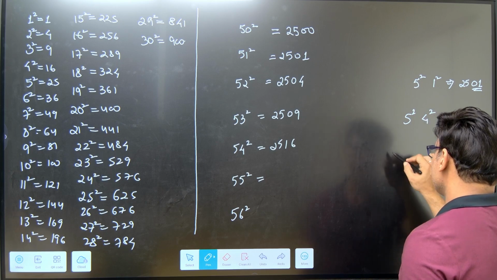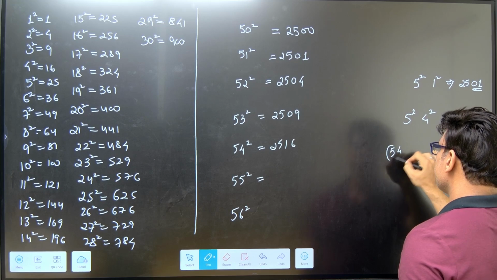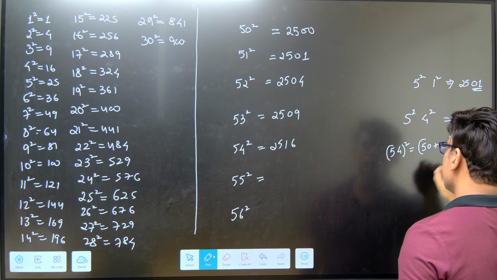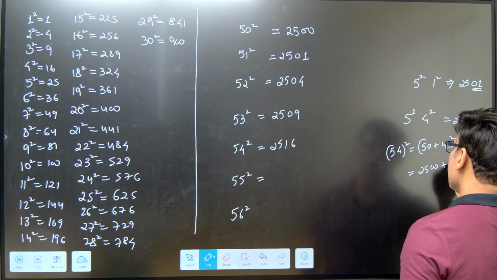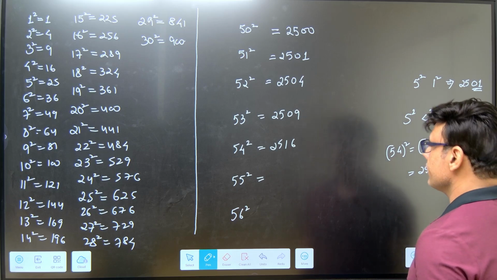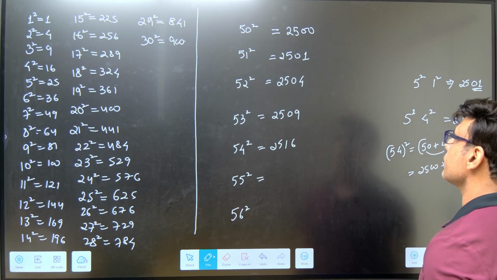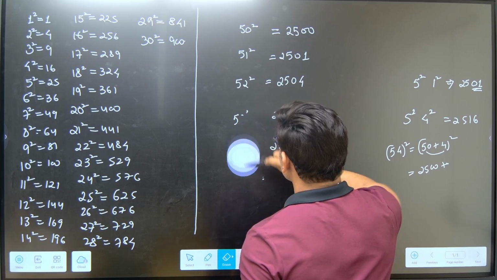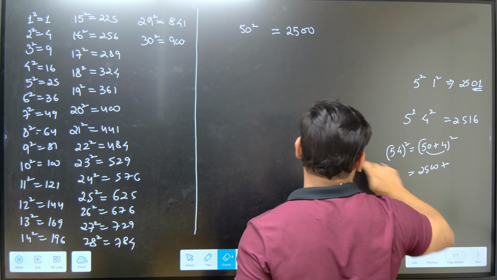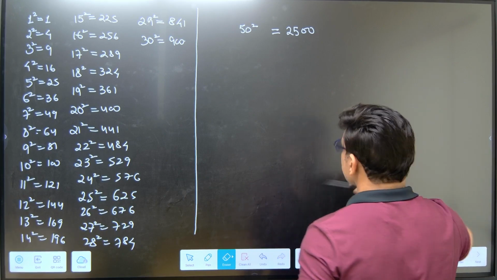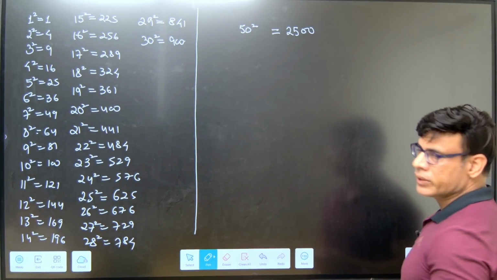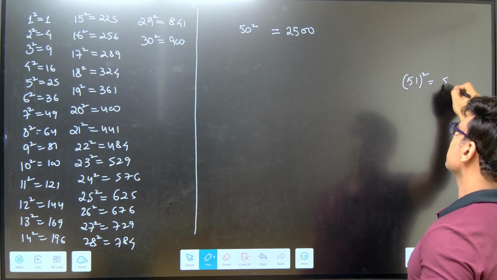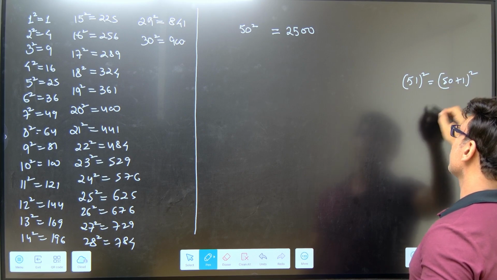Sorry, here we made a mistake, I'll explain this. 54 square is basically 50 plus 4, the whole square. 50 square is 2500. 51 square is 50 plus 1 the whole square.